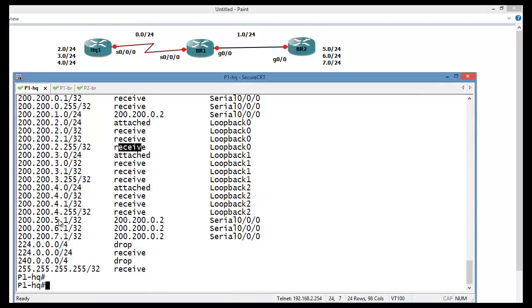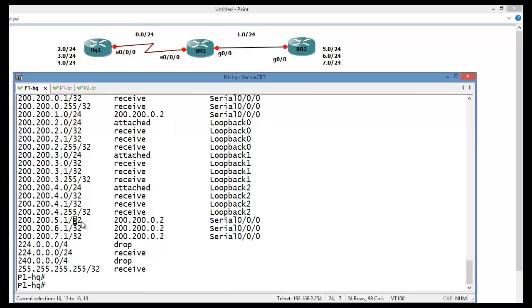To reach the networks 5, 6, 7 connected to branch router 2, you send the packet to the next hop 200.200.0.2, that is branch router 2. This is your next hop address from which you are able to reach all 3 networks, that is 200.200.5, 6 and 7. And these are the IP addresses that are actually connected.